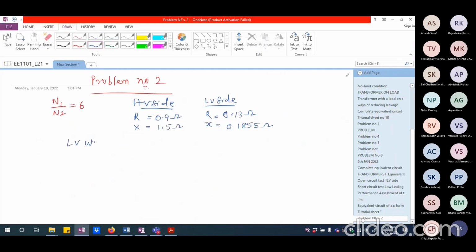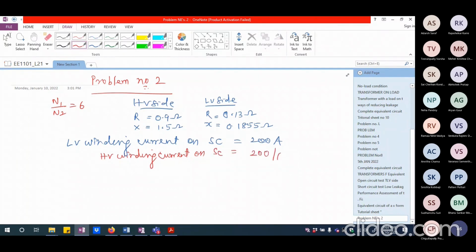So low voltage winding current on short circuit has to be 200 ampere. So I can definitely calculate what is the high voltage winding current on short circuit. If the voltage is stepped up, the current will be stepped down. So I should say that will be 200 divided by 6 ampere.